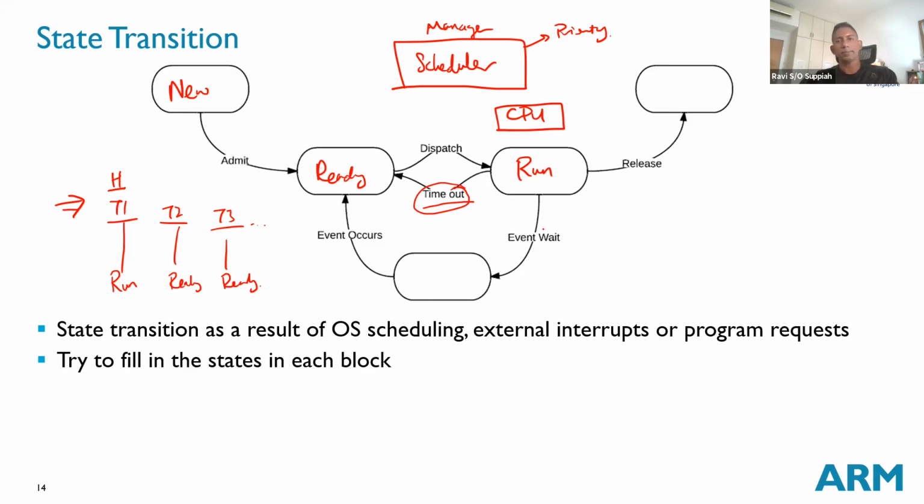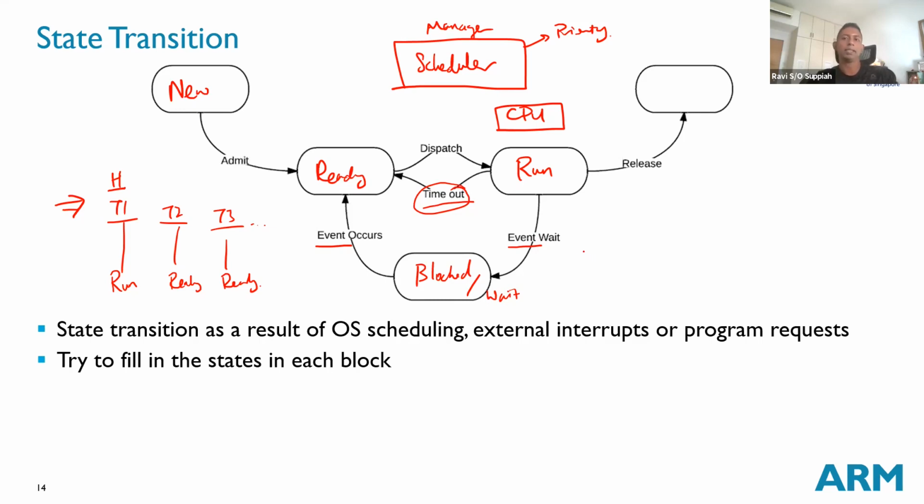The other thing that can happen is you can go into what we call a block state. Some books may call it wait state. When you say blocked or wait, it is usually tied to some event. This event could be that, while you are running the code, you wanted to do something but you are unable to do it.